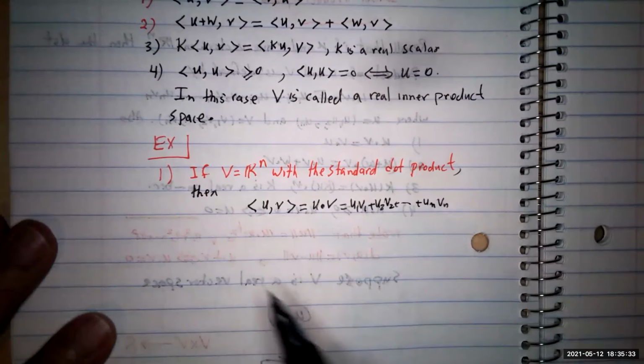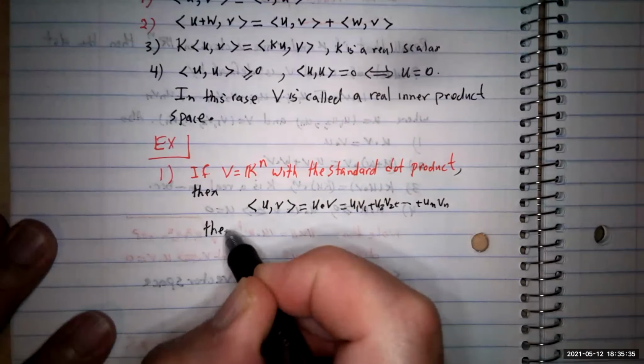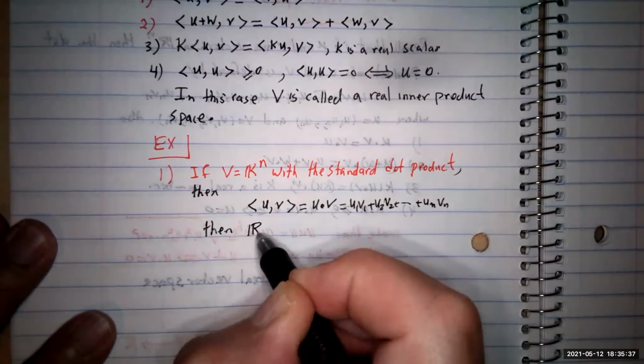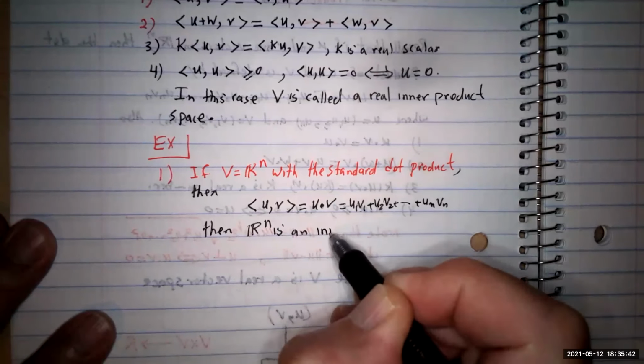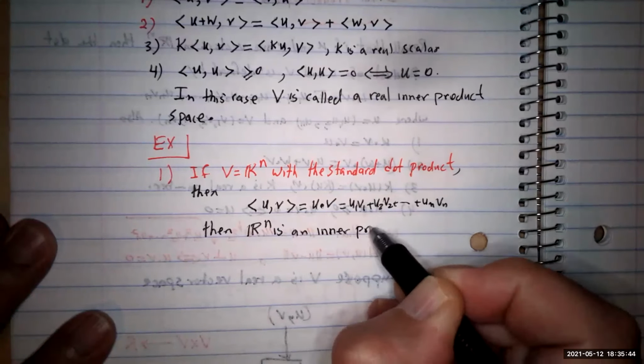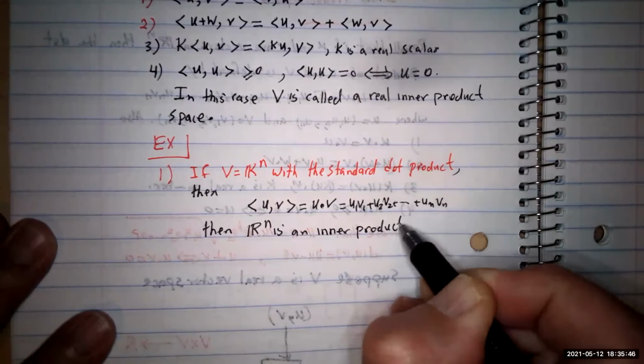If this is the case, then you can consider that Rn is an inner product space.